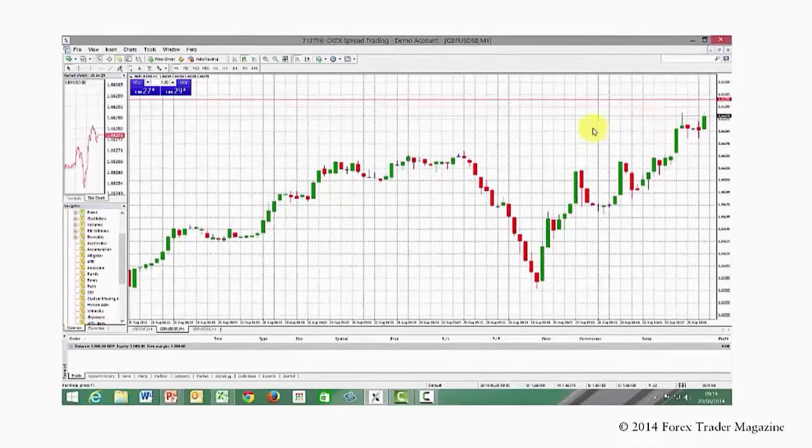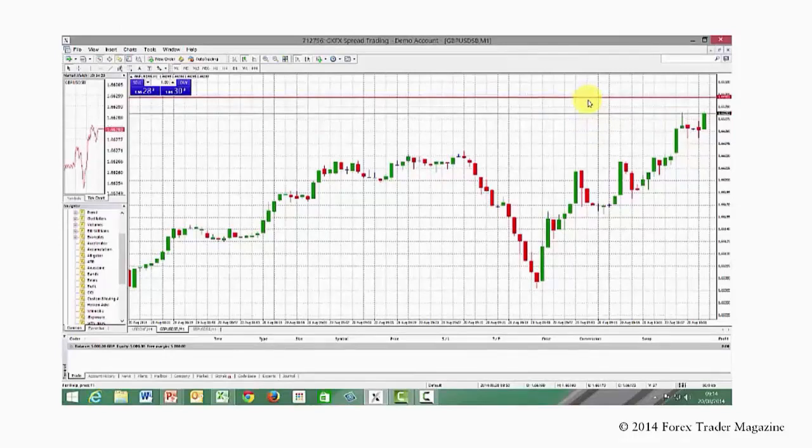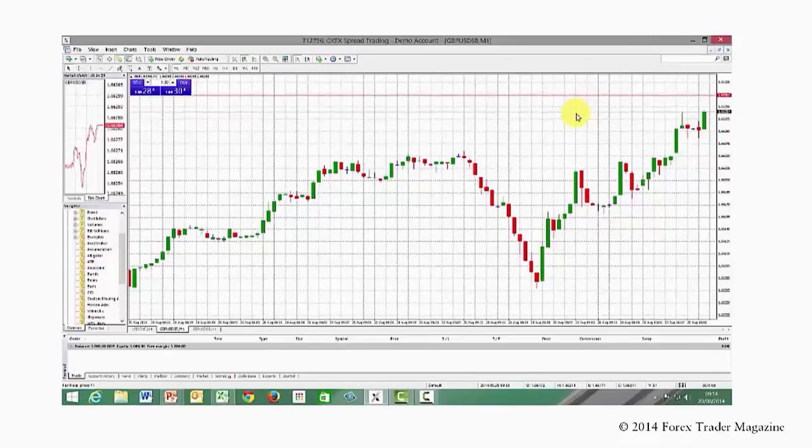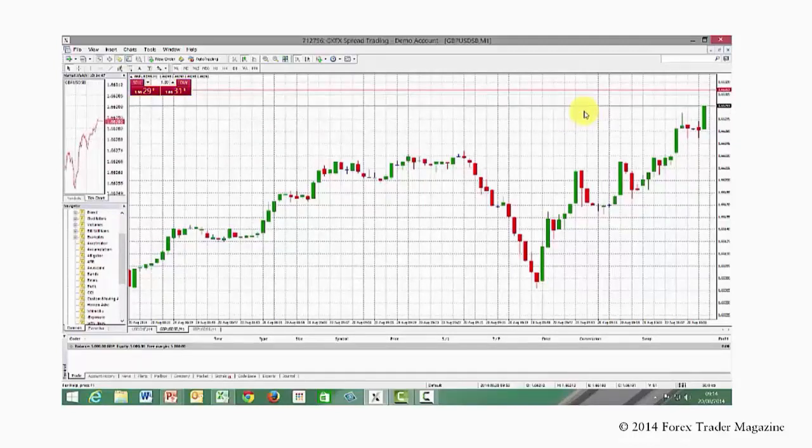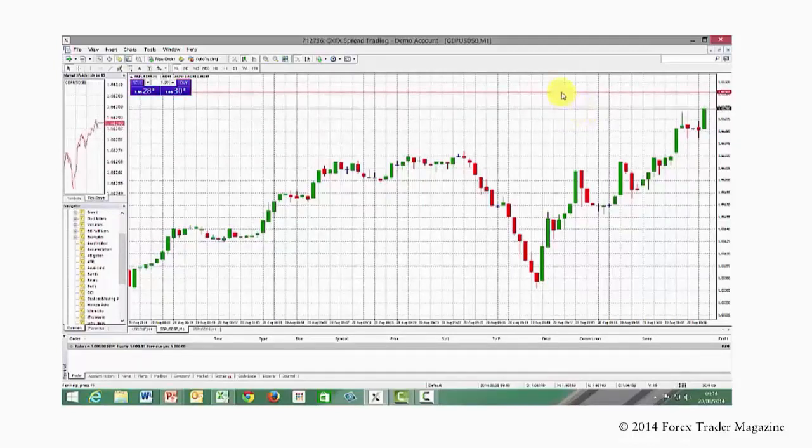So, if we undertake a buy trade, we pay the higher price, and when we come to close that trade, it will be closed at the lower price. And similarly, if we undertake a sell trade, we would always be getting the lower of the two prices, and then when we come to get out of that trade, we'd get out at the higher of the two prices.